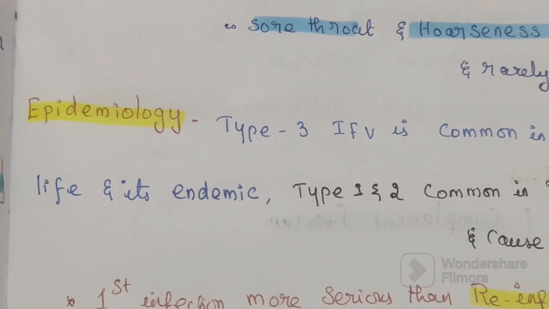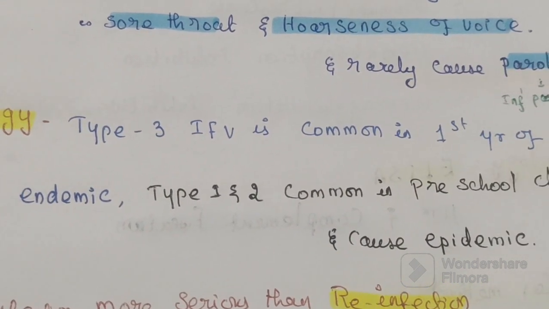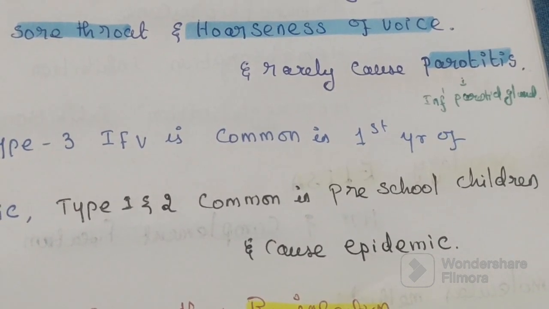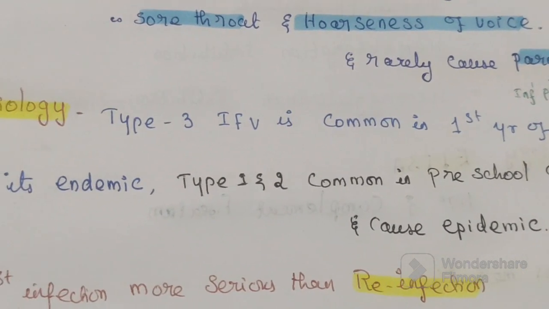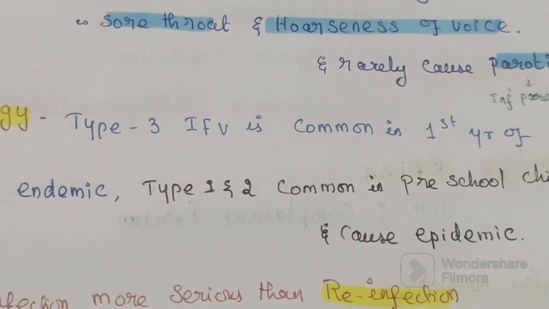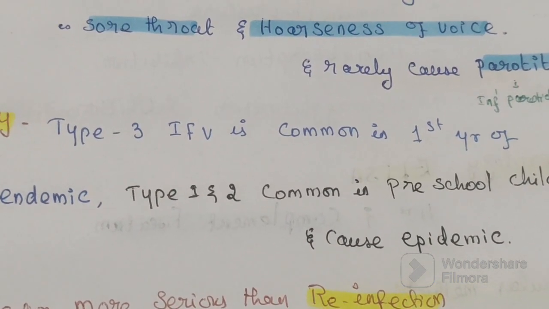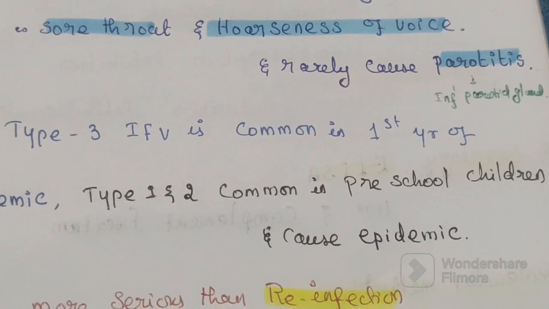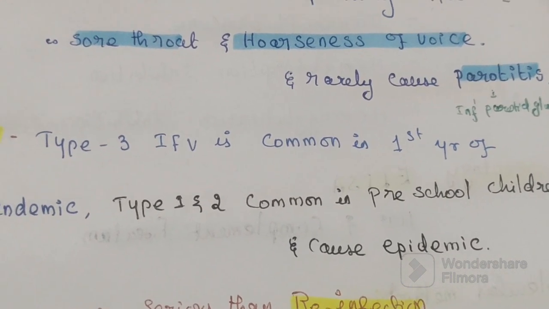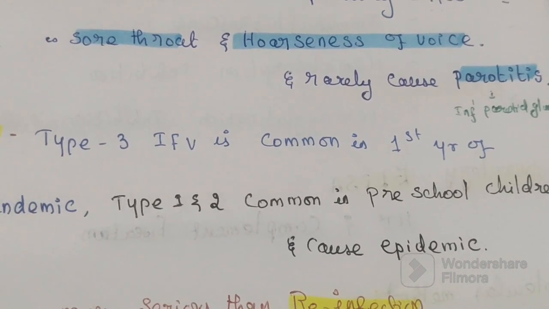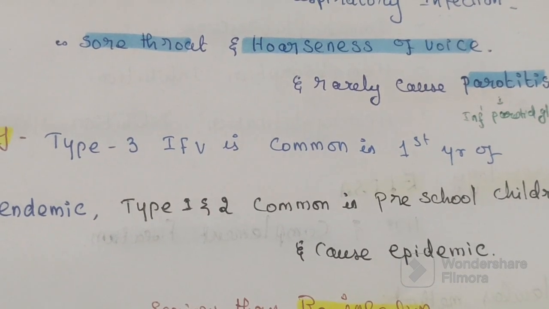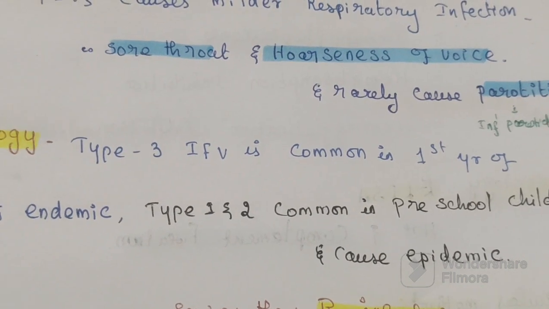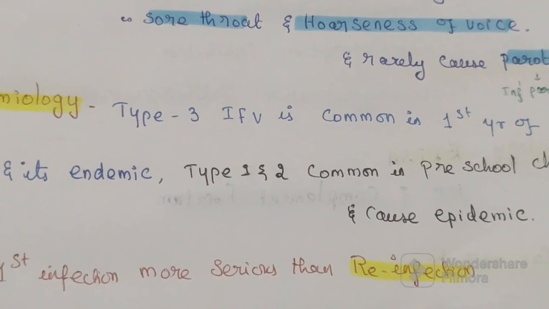Next, epidemiology. Type 3 parainfluenza virus infection is common in the first year of life, and it is mainly endemic. Types 1 and 2 are common in preschool children and also cause epidemics.